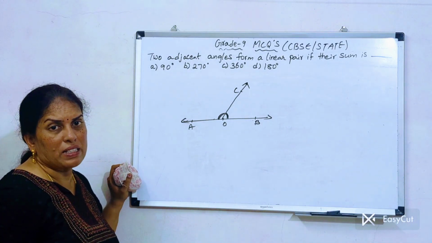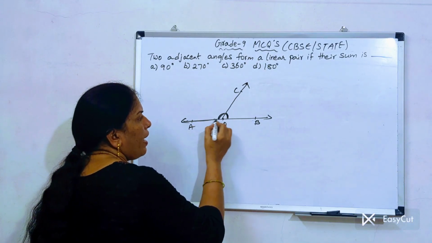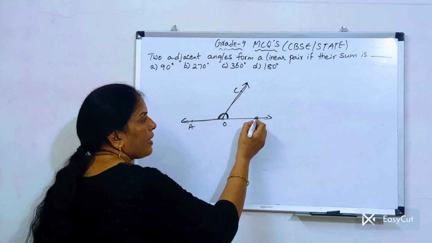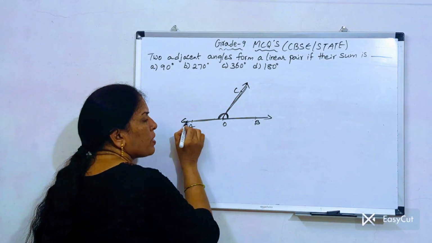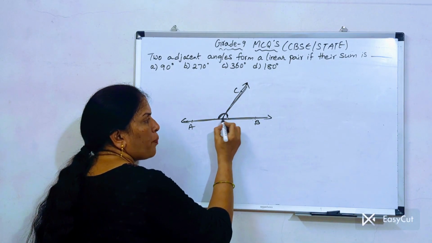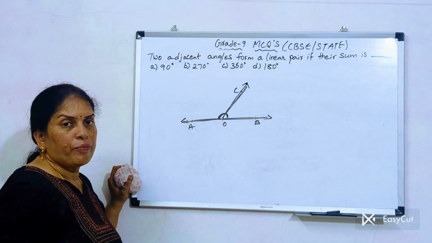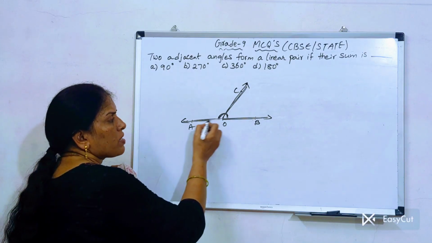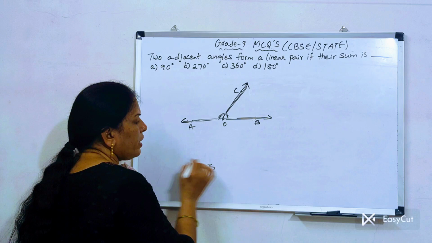Why we call them a linear pair means, see here children, in angle AOC and angle BOC, these two rays are opposite rays. If two rays are opposite rays, then these two angles form a linear pair.